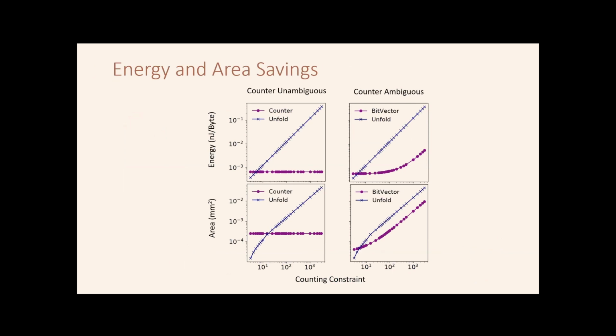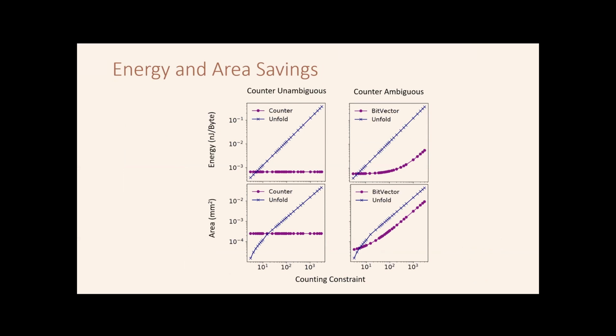We have some empirical results which show that this method can actually be used to save area and energy. On the bottom, we have the size of the counting constraint, and the column on the left talks about counter unambiguous expressions.